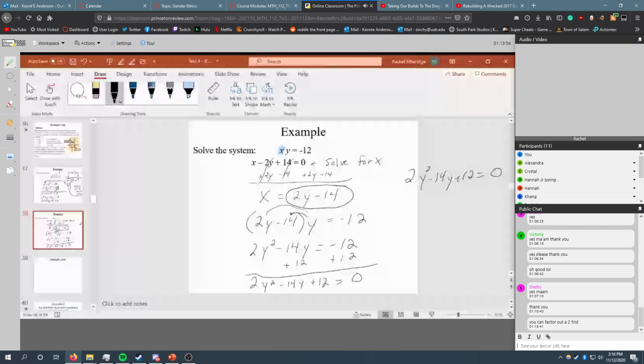So factor out a 2 here because that's your GCF. Or you know what you can do right there is just divide everything by 2, but I'm going to factor it out.